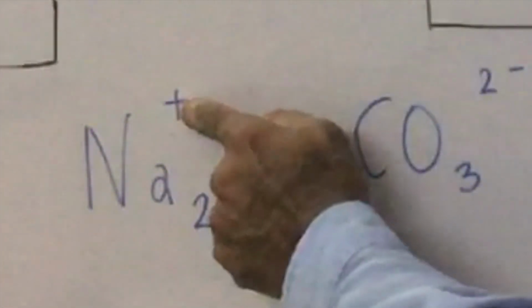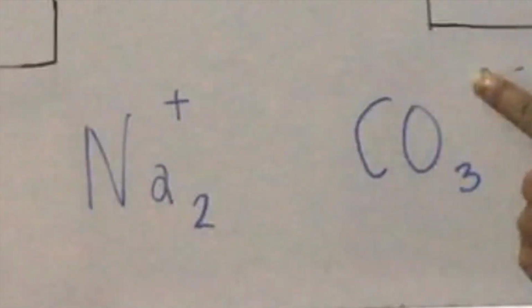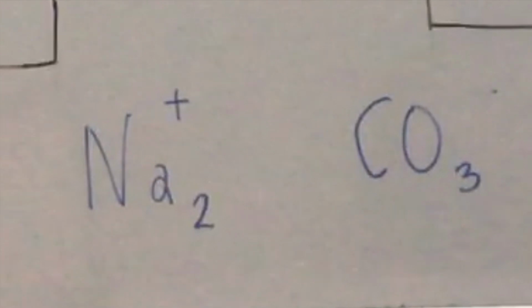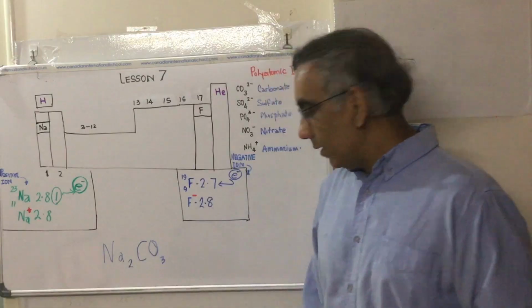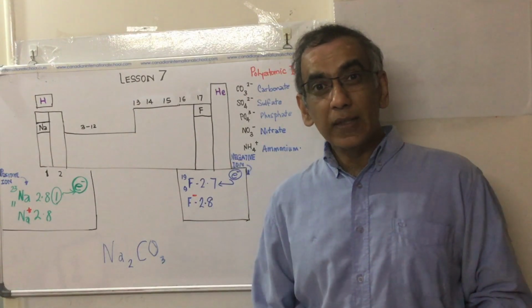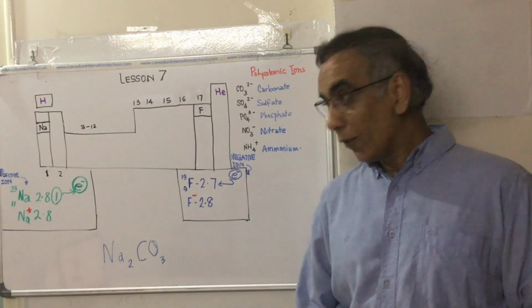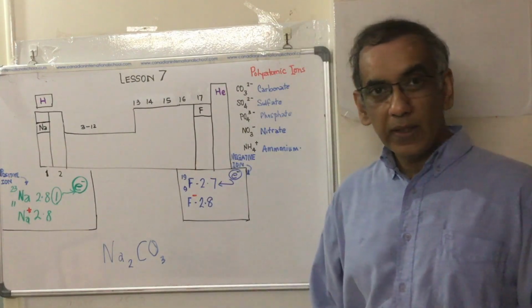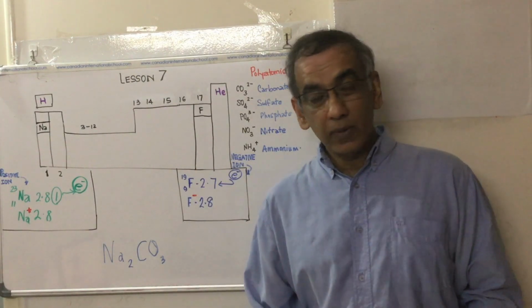And the 1 that's understood goes around the CO3, and because it's a 1, there's no need to actually include it. And the formula for sodium carbonate is Na2CO3.